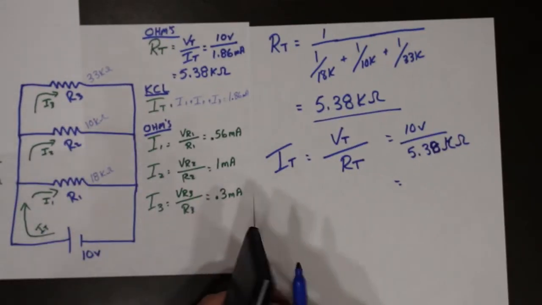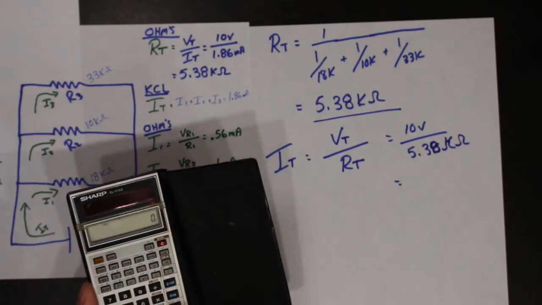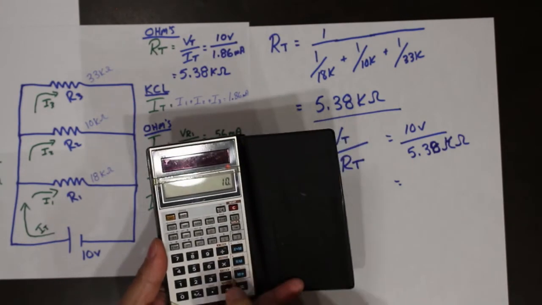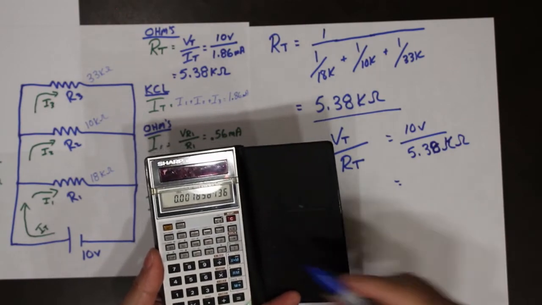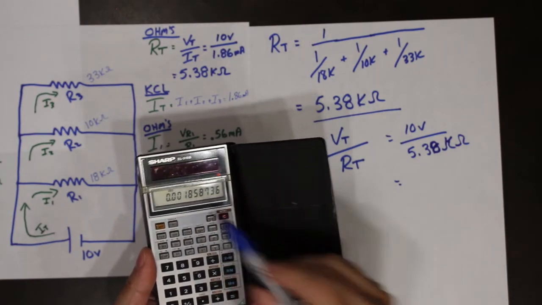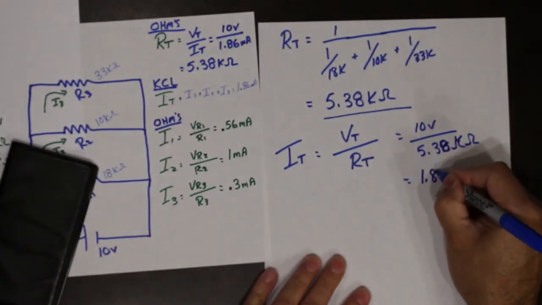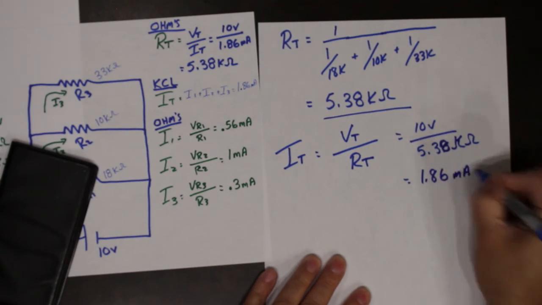So we can now calculate I total. And we can say that 10 divided by 5.38 is 1.86 milliamps.